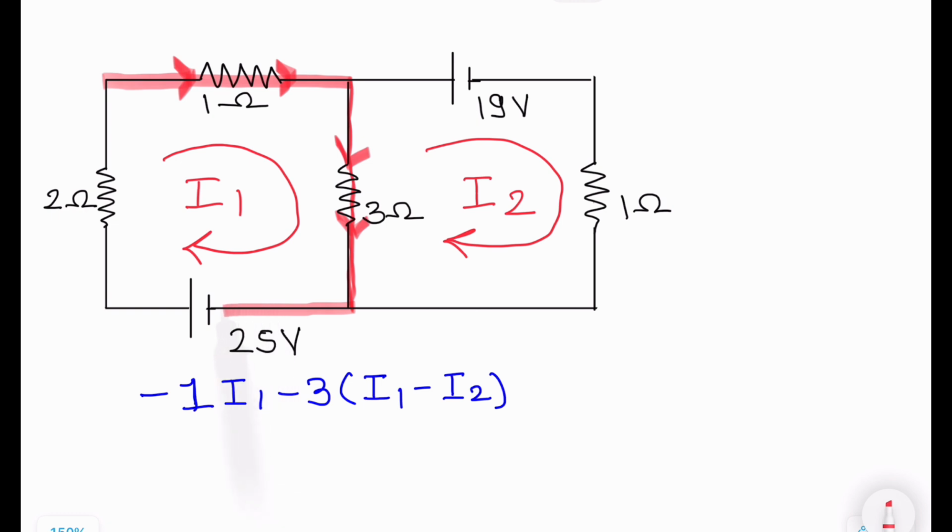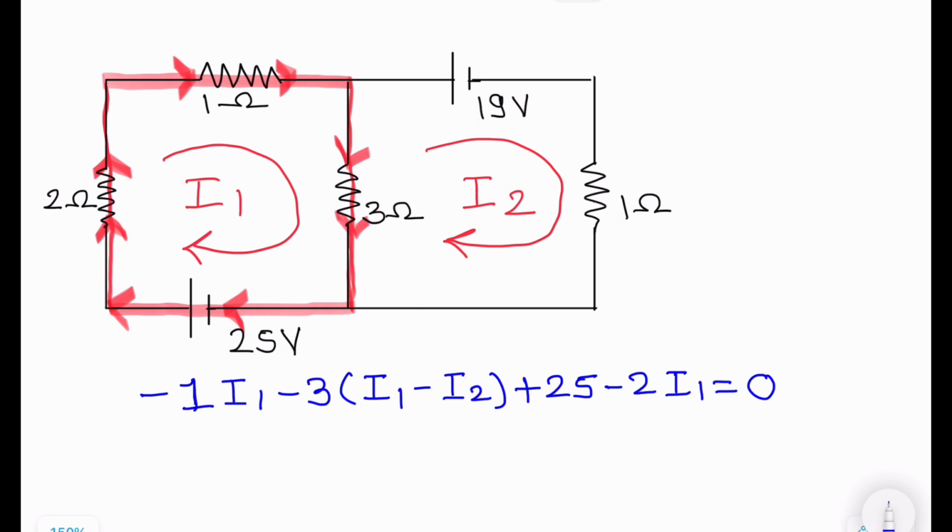Third component, plus 25. Why plus 25? Because we are moving from minus to plus. Plus 25. Next component, minus 2 into I1 is equal to 0. So the mesh 1 equation has been completed.